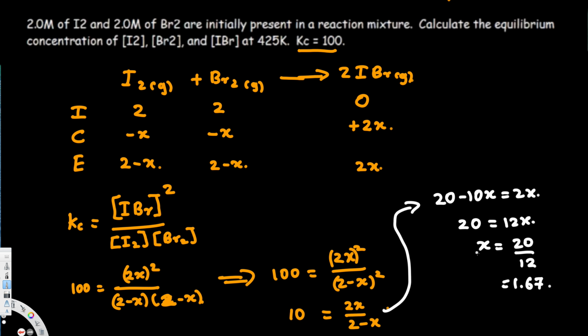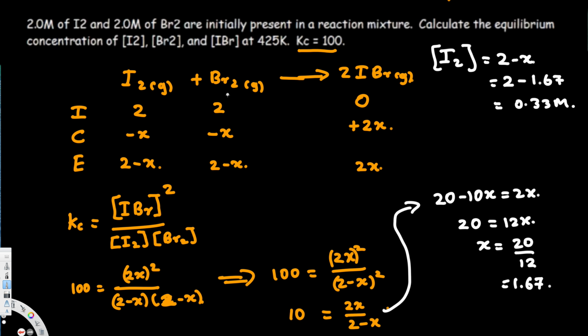Now since we have the x value, we can calculate all the equilibrium concentrations. Let's start with the I2 value. We know that the equilibrium concentration of I2 is 2 minus x. So we put 2 minus 1.67 right here, and if you calculate this one, you should get 0.33 molar.